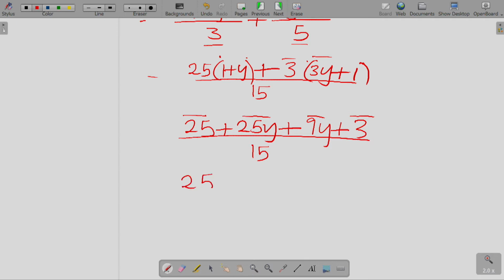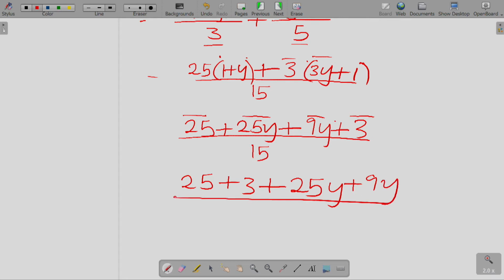So 25 plus 3 plus 25y plus 9y, all of them divided by 15.